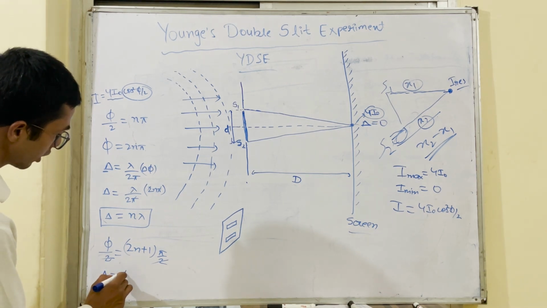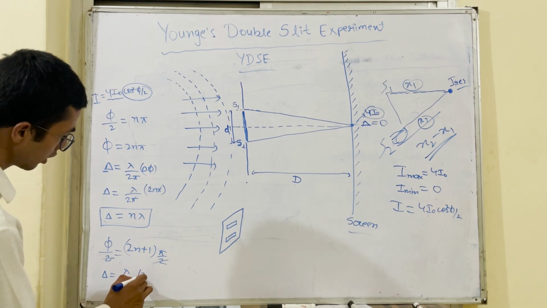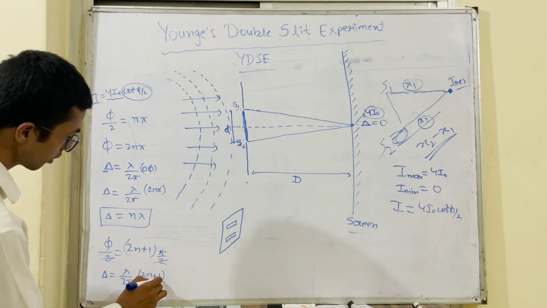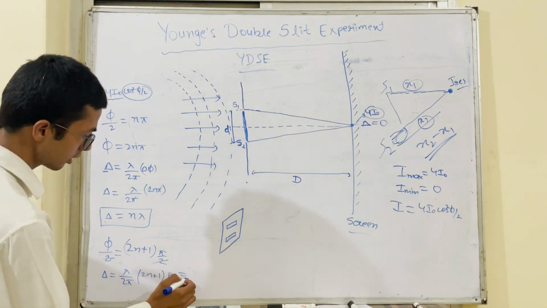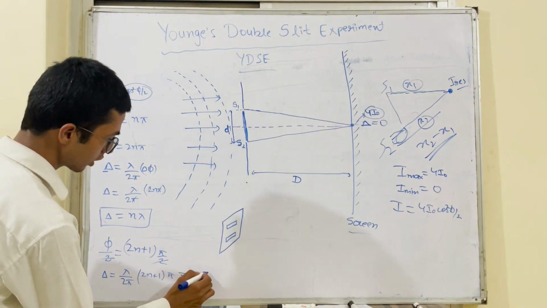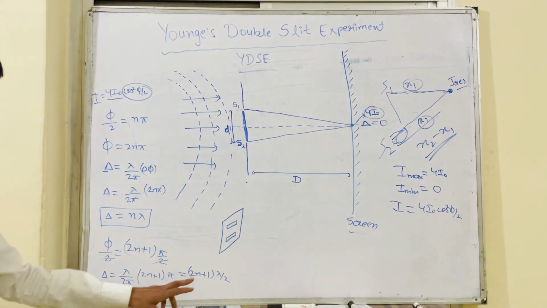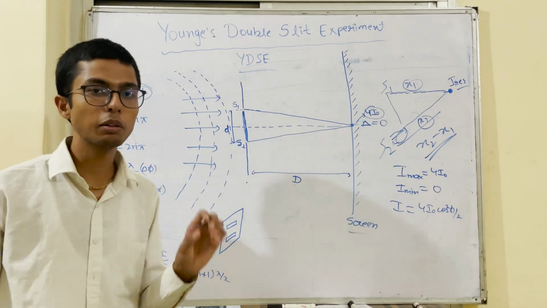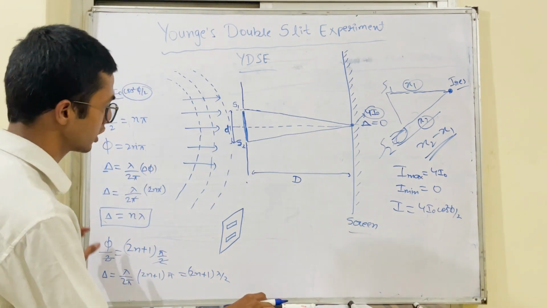Delta should be lambda by 2 pi times 2n plus 1 pi. So from here it comes 2n plus 1 times lambda by 2. This should be the delta for destructive interference, for the minimum value of intensity.